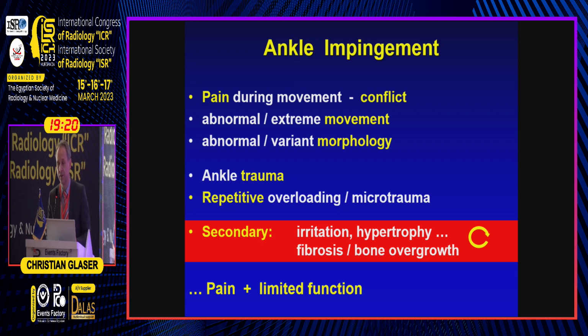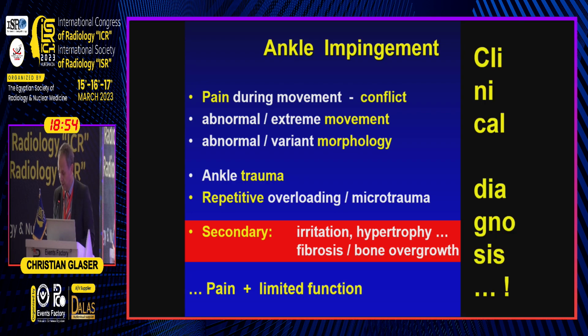And ankle impingement is related either to trauma or repetitive overloading and microtrauma, leading to a secondary process of irritation, inflammation, hypertrophy and fibrosis of the soft tissues, and eventually to bone overgrowth. And this is going into a sort of vicious circle, leading to the patient's pain and limited function.